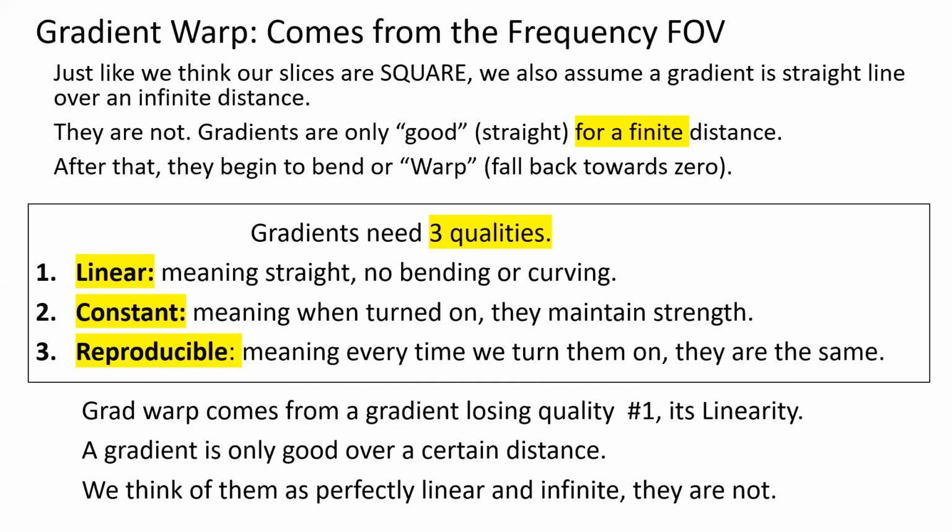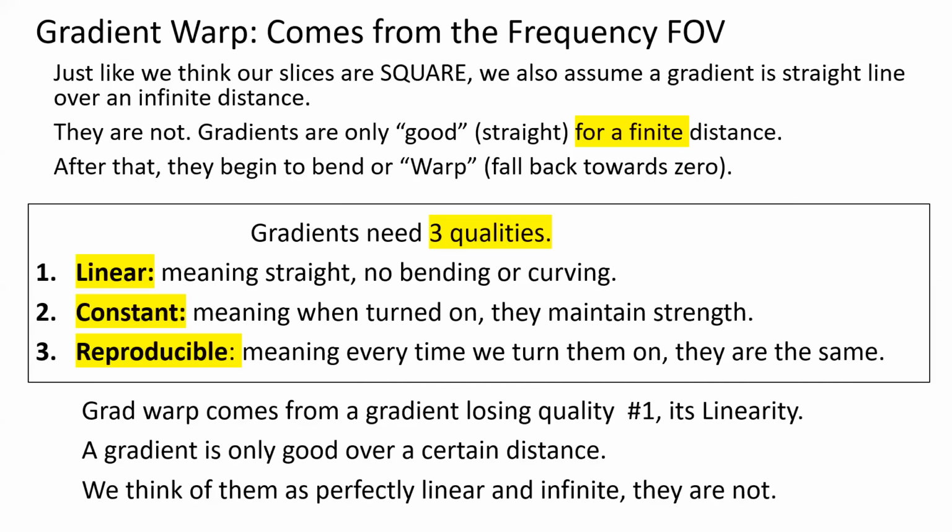Gradient warp is another artifact that comes when you do great big fields of view. I'm sure you guys have seen this one as well. The reason being is because gradients have to have three qualities. They need to be linear, constant, and reproducible. The problem with gradient warp is the frequency field of view is getting too big for the gradient to be applied linearly.